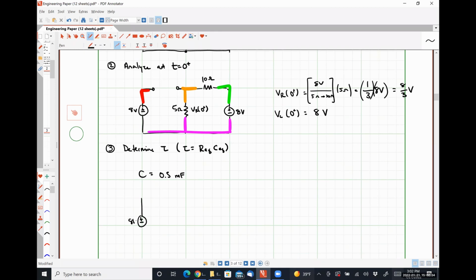Here's my 8-volt source. Open circuit. Here's my 5 ohm resistor. Here's my 10 ohm resistor. Here's my capacitor. I'm trying to find the equivalent resistance with respect to the capacitor. So that means I take the capacitor out and I look into the terminals where the capacitor was.